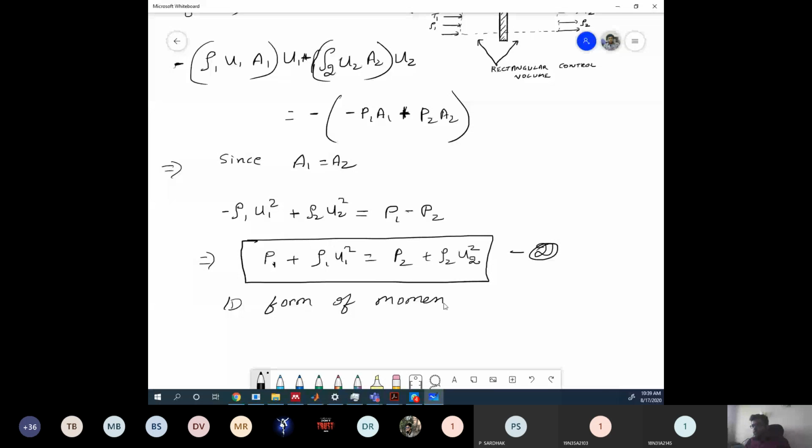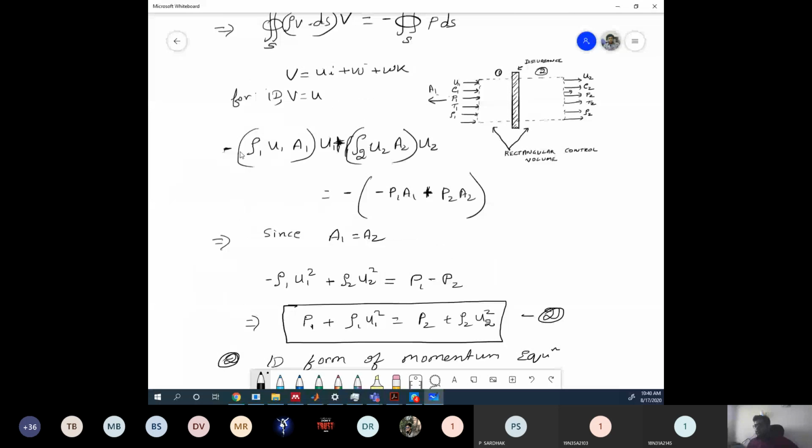Up to here, does anyone have any issues? Please ask me now itself. Based on how I'm taking this, you understand why the signs are opposite, negative and positive, right? The area also will have a vector, and that defines in which direction the flow is moving.